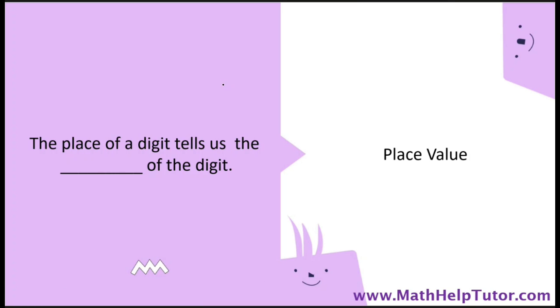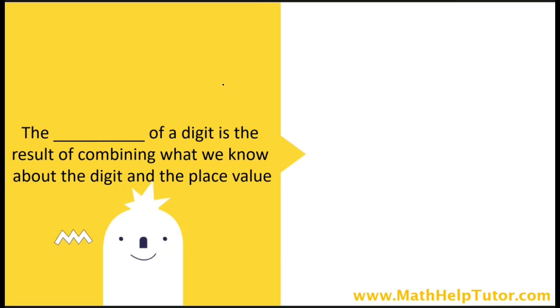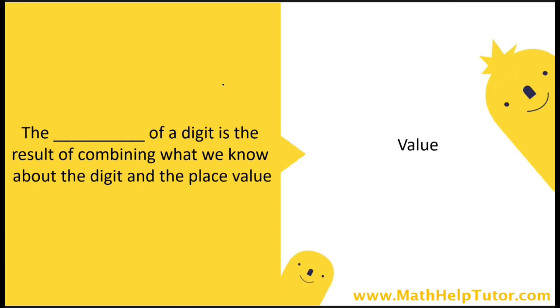The place of a digit tells us the place value of the digit. The blank of a digit is the result of combining what we know about the digit and the place value. The answer is value. The value of a digit is the result of combining what we know about the digit and the place value.